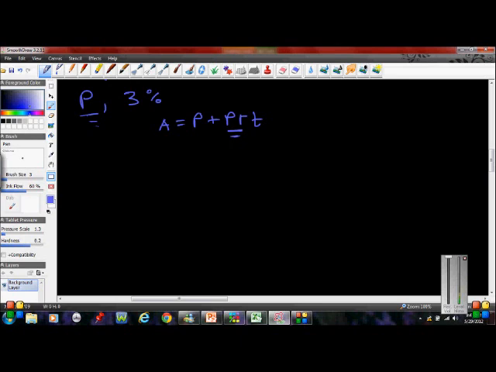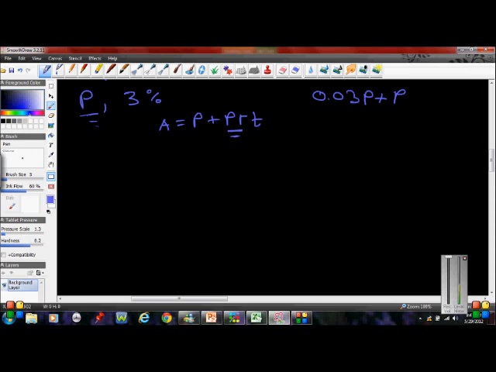So if it's 3%, it would be 0.03 P, and that is how much you're adding to P, because you're increasing P by 3% of P.